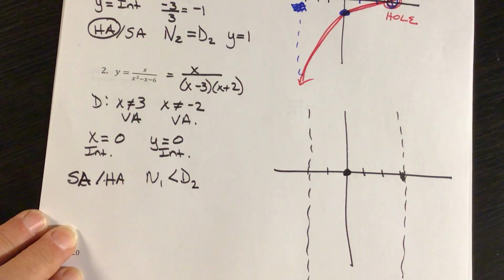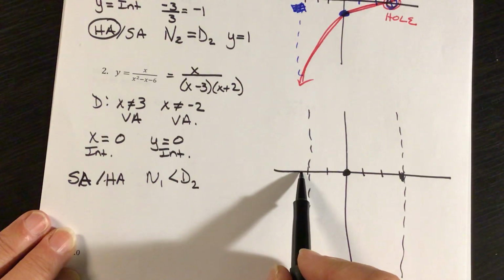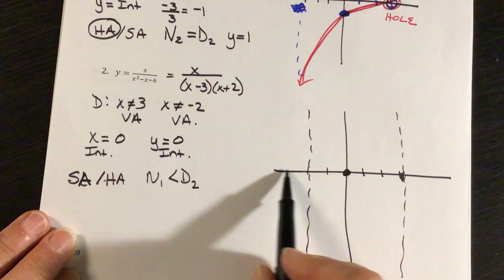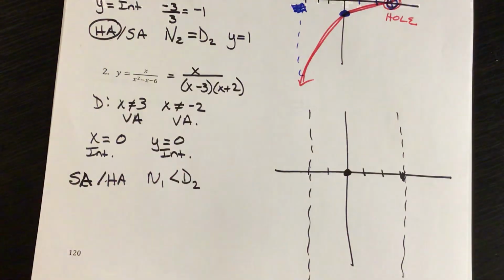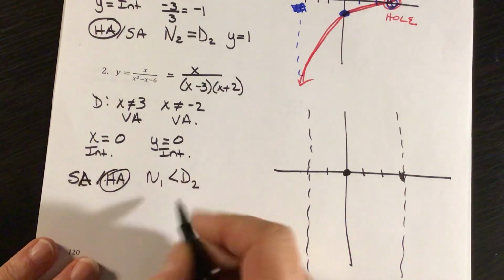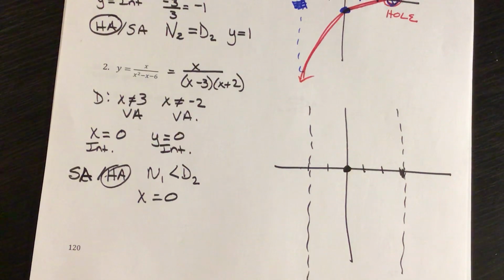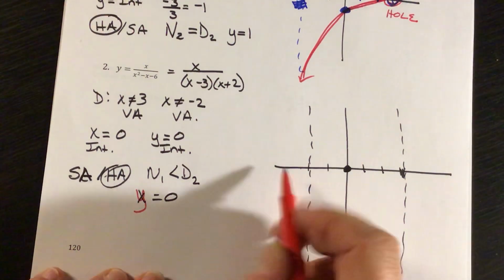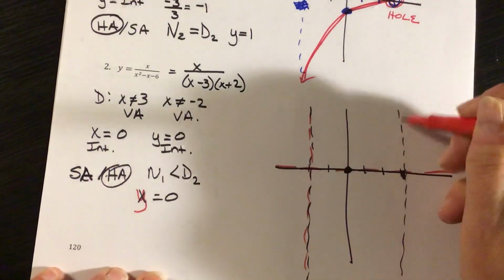So I'm going to have a horizontal asymptote at y equals 0. So I'm going to draw those in. I'm going to do all my asymptotes in red here.